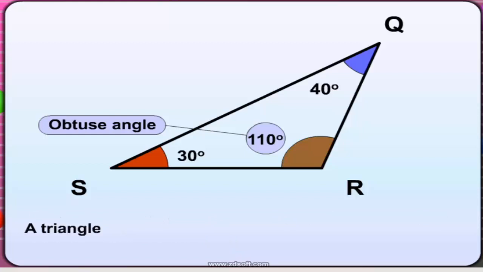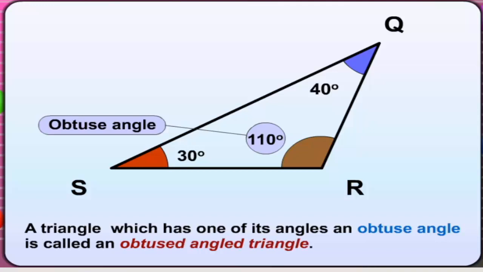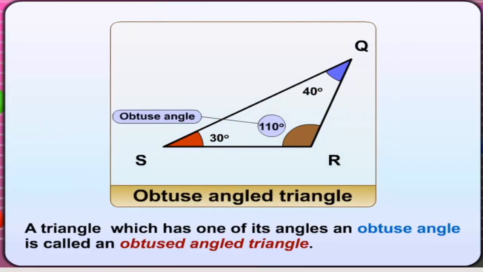A triangle which has one of its angles an obtuse angle is called an obtuse angled triangle. So, the triangle QRS is an obtuse angled triangle.